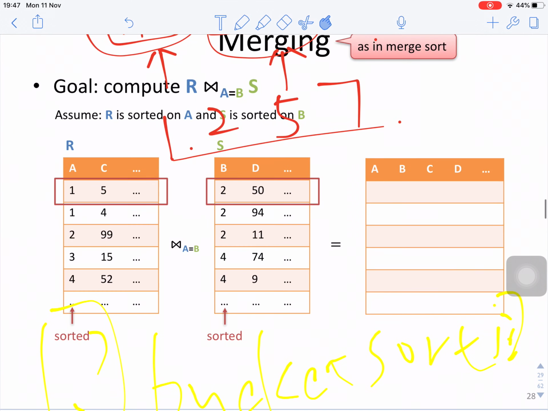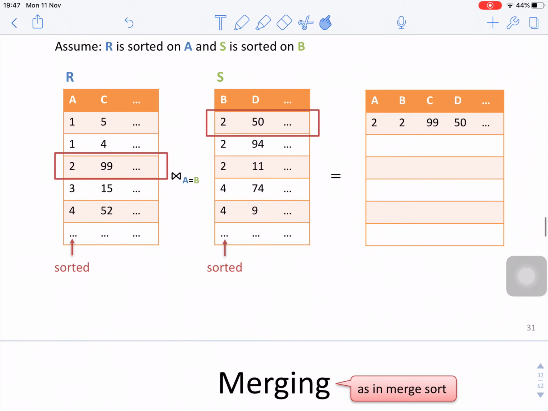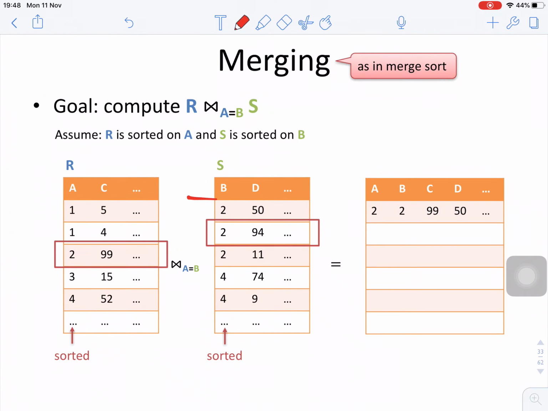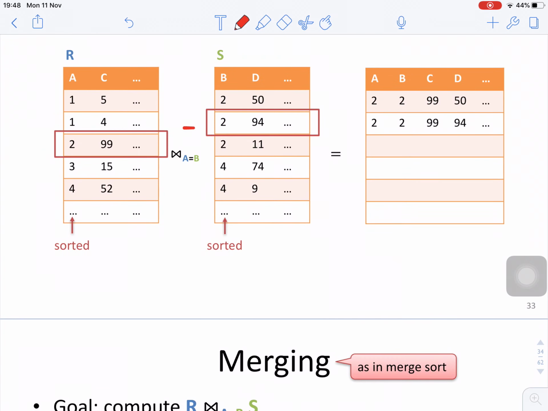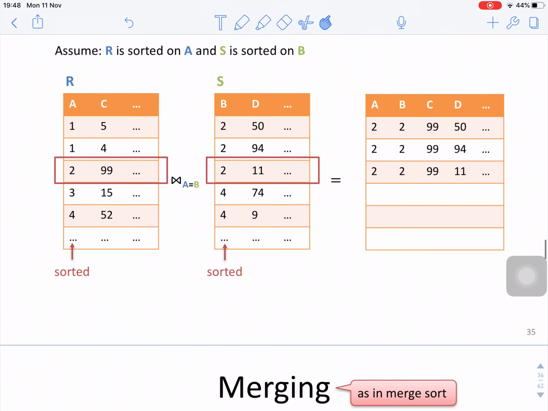It's just like this is less than this, this is less than this, then we move further. We compute the natural join and we get one match. We keep on moving further and get another one here, and another one here.